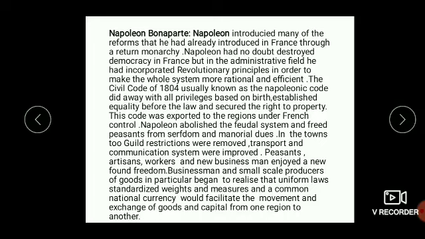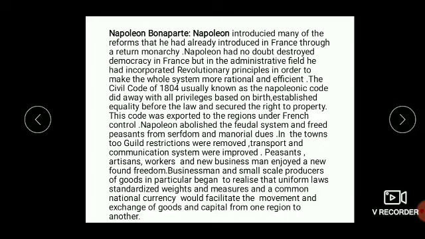Napoleon abolished the feudal system and freed peasants from serfdom and manorial dues. In the towns, too, guild restrictions were removed, transport and communication systems were improved, and peasants, artisans, workers, and new businessmen enjoyed a newfound freedom.